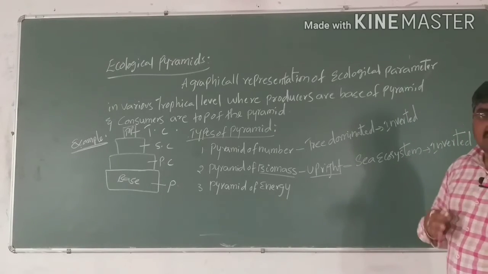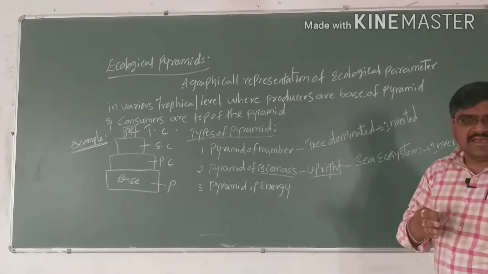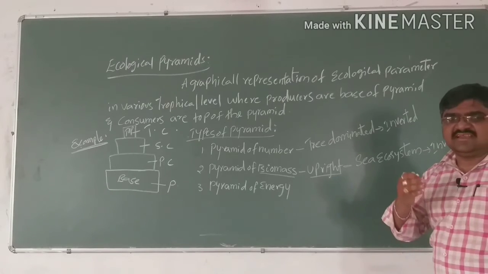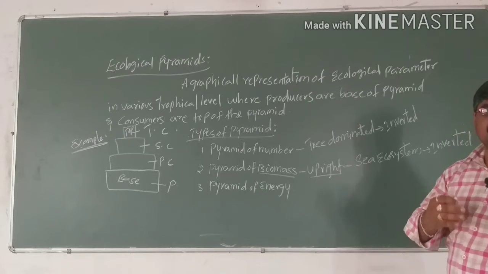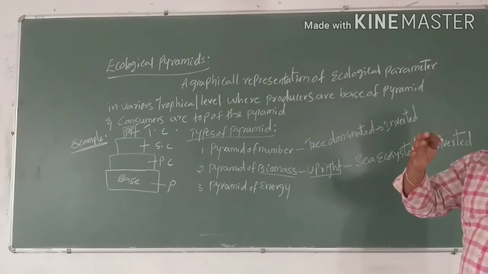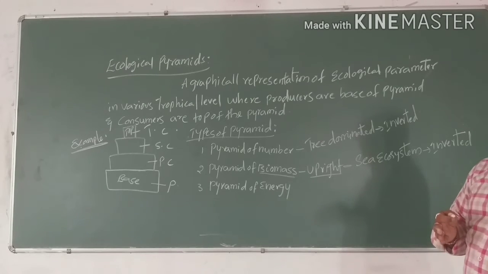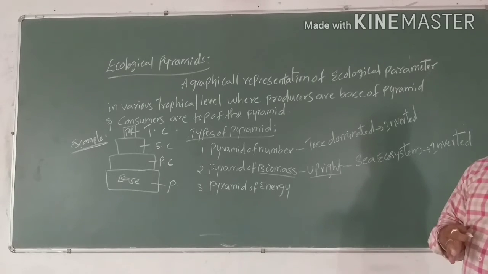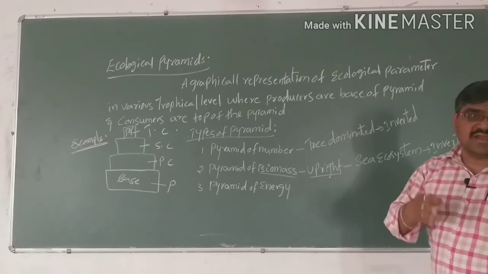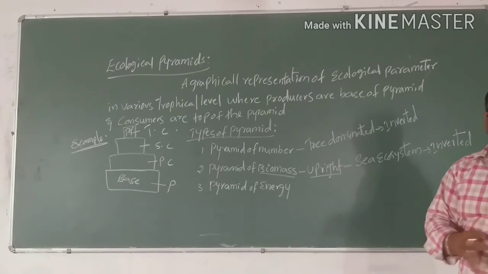Why? Here phytoplanktons are eaten by zooplanktons, which are eaten by small fishes, which are eaten by large fishes. So the biomass of the large fishes is more than that of the small fishes, the zooplanktons, and the phytoplanktons.